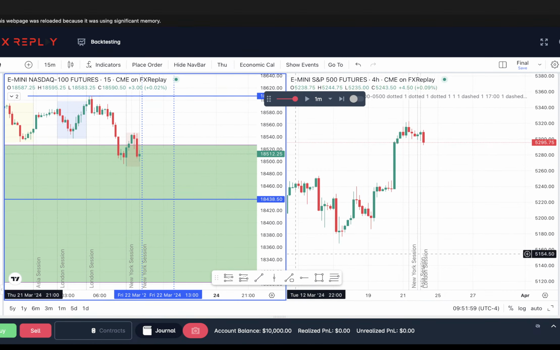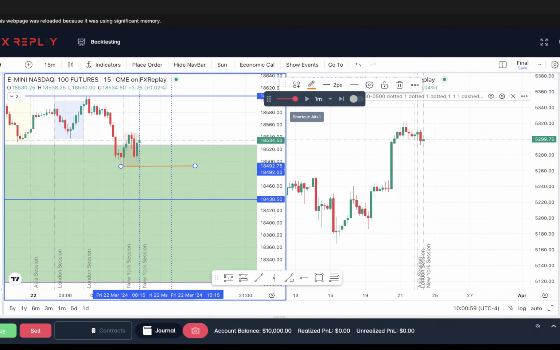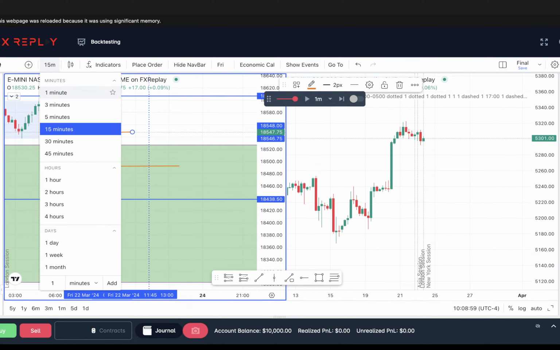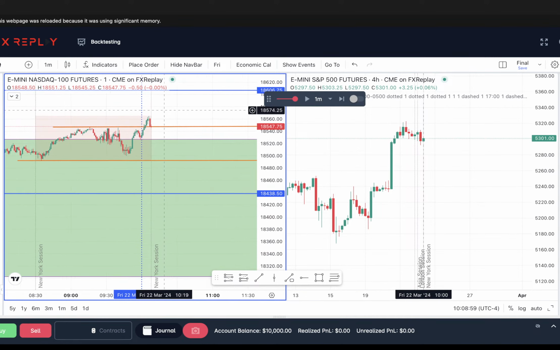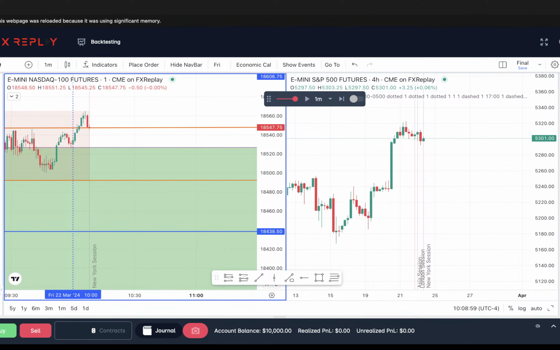All right, there's an internal liquidity here that, let's see if we reverse from, if it doesn't want to go all the way down before 10. Okay, it looks like we hit this one on top first. No reversal yet, but it is pulling back like it wants to reverse.